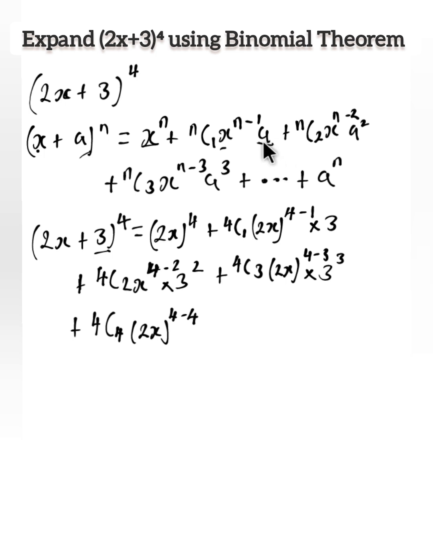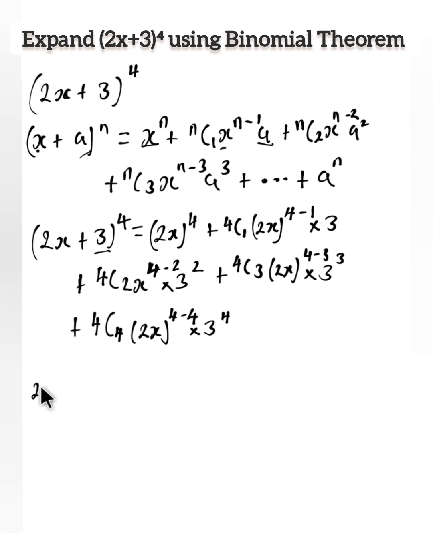Then is a squared, a raised to the power 3. So the next is a raised to the power 4. Since a is 3, it becomes 3 raised to the power of 4. Are we going to stop here? Yes, because 4 minus 4 is 0. Now remember, when the power of x is 0, we stop at that point.